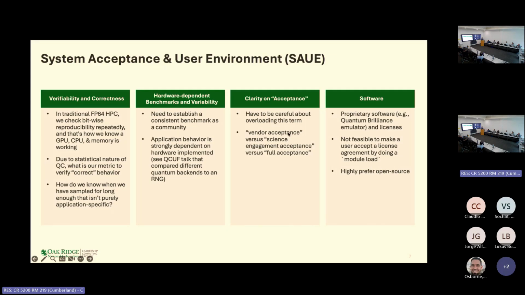There's vendor acceptance by, for instance, IQM for its on-site system, but now the science engagement team needs to do their version of acceptance. And if we were to transition that to production, not just a test bed, we would have to do acceptance. So I feel like that term is getting a little overloaded, and we just have to be careful there. Like I said, those are internal discussions we need to figure out, but I just thought I'd throw it out there.